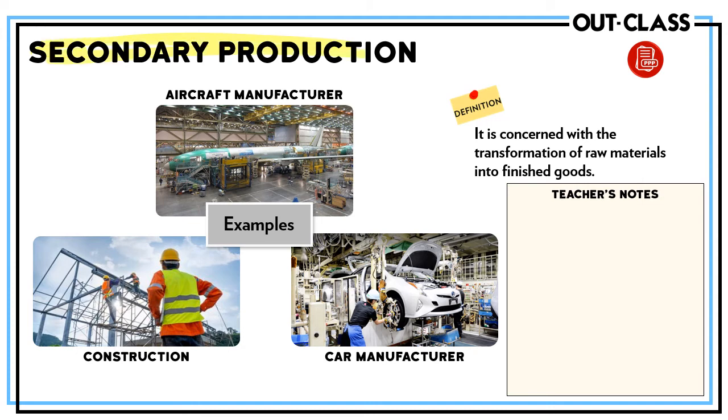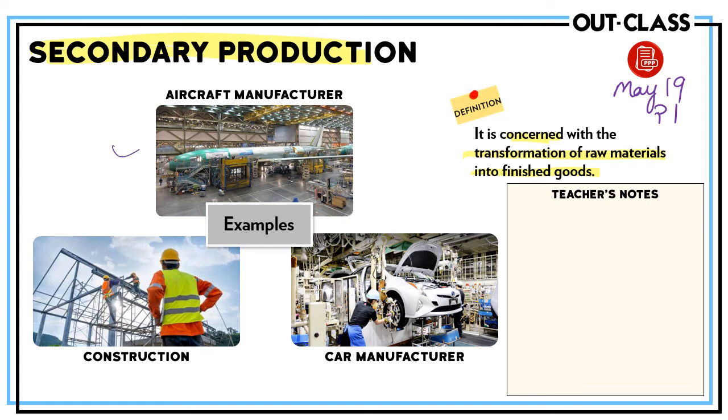Secondary production. Now, in your MCQs Paper 1, May June 19, you can see the first MCQ is actually on secondary production. Secondary production is concerned with transformation of raw materials into finished goods, that is the raw materials extracted in the primary production are further transported to the secondary production to produce the goods that we consume.